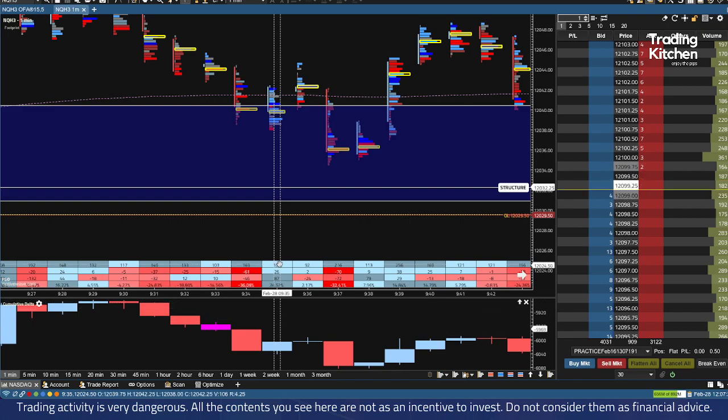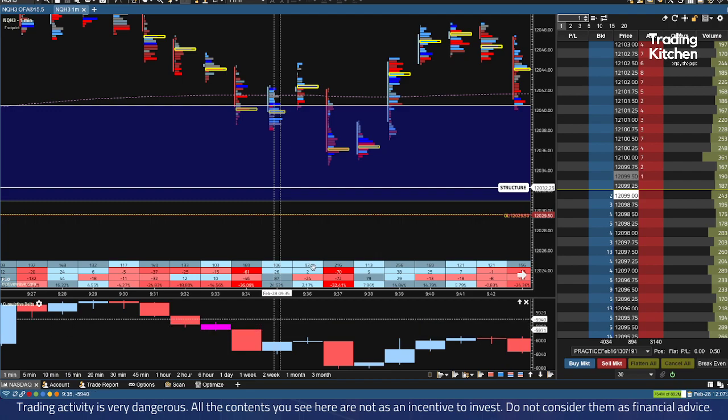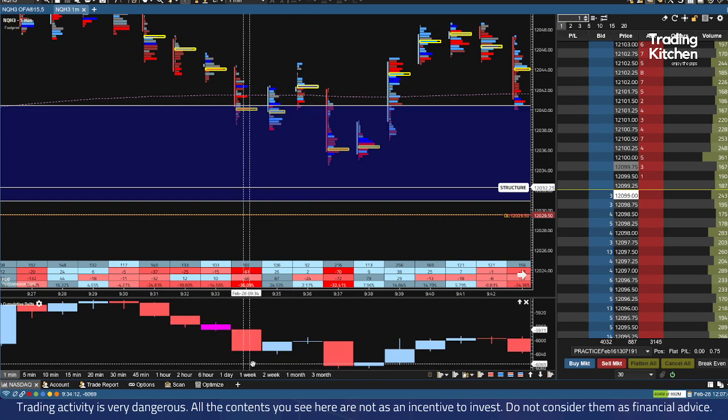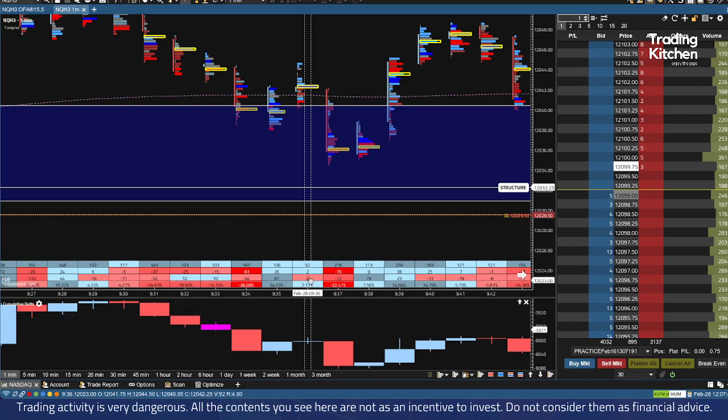Okay, so try to find the reason and understand the logic between effort and result. So the effort of the delta and of the cumulative delta and the result of the price. Okay, the biggest signal you can have is when delta, cumulative delta and price tell you the same thing. Okay, like here.